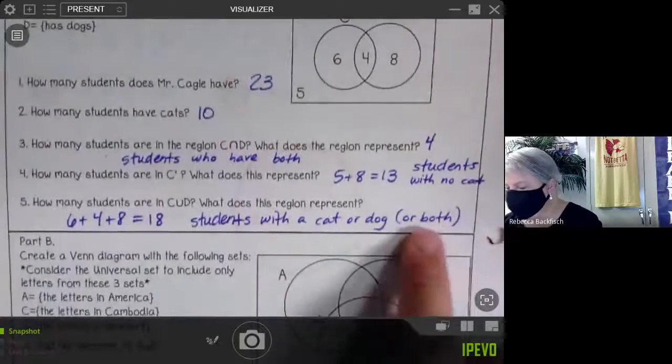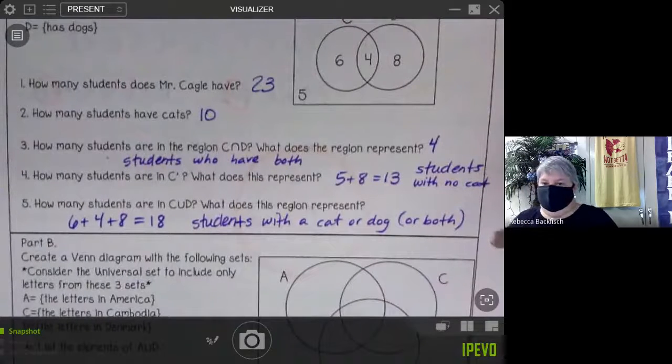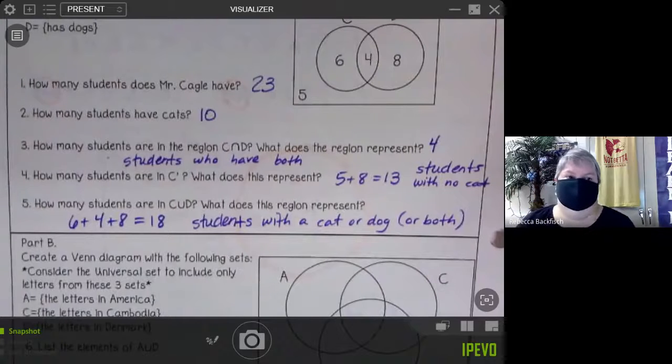You don't necessarily have to say that as long as you understand that if we say they have a cat or a dog, we mean or both of them. Okay, any questions on those?